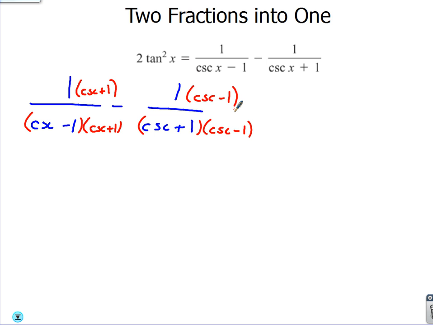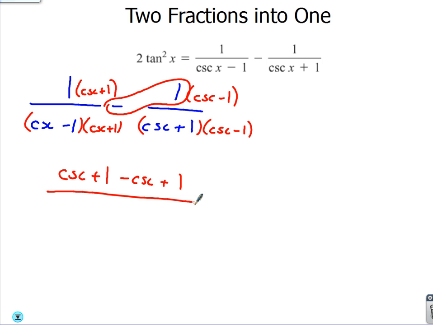And again, that looks Pythagorean, doesn't it? Anytime you got that 1 and something squared, that's Pythagorean. So on top, I now have cosecant plus 1. Now careful, you're not distributing 1 here, you're distributing negative 1. So cosecant plus 1, and that'd be minus cosecant also plus 1 over cosecant squared minus 1.